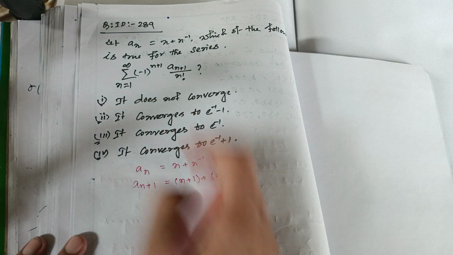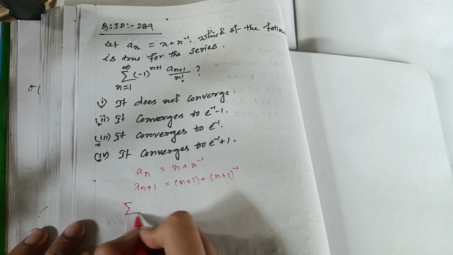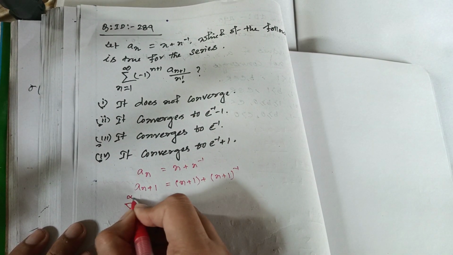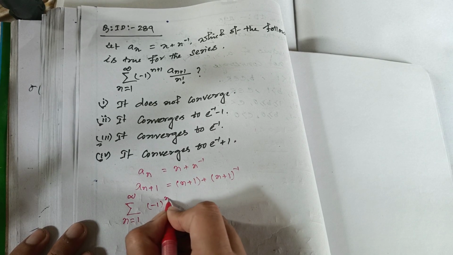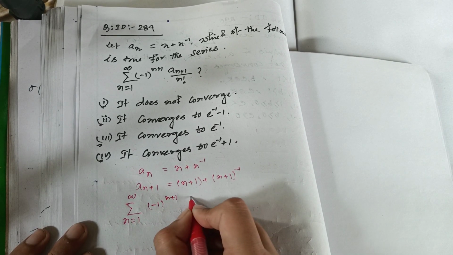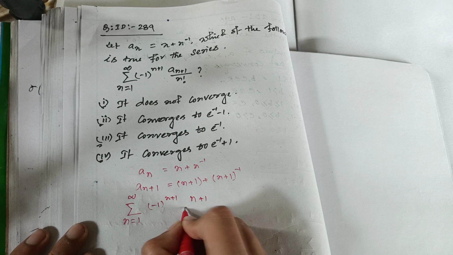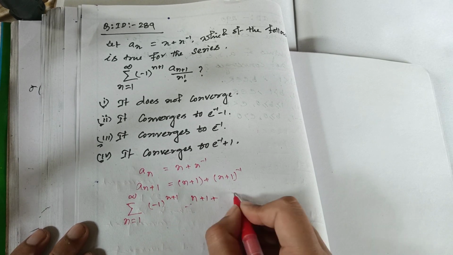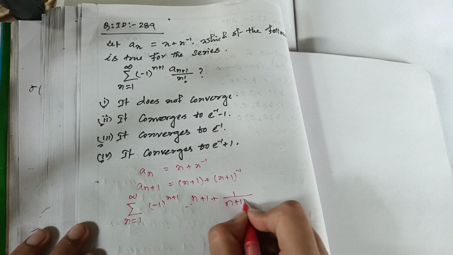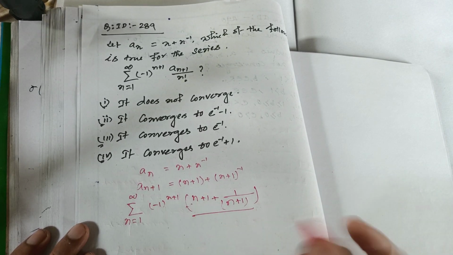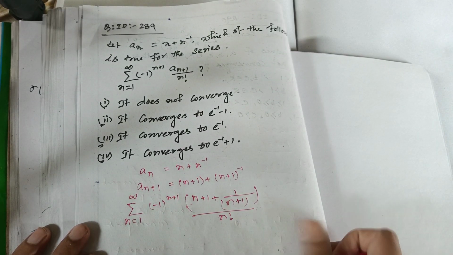Now we put the given condition: summation of n equals 1 to infinity of (-1) to the power n plus 1 times a_n by n factorial. Is it clear to everyone?